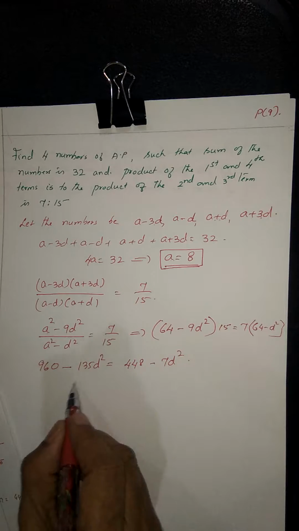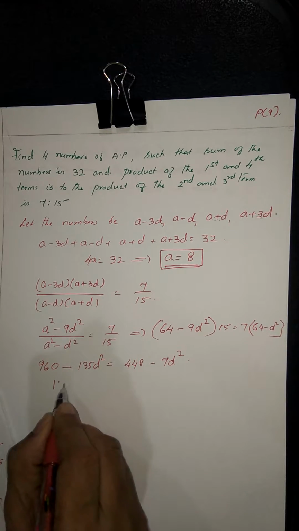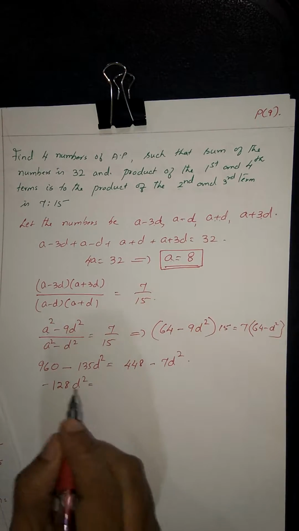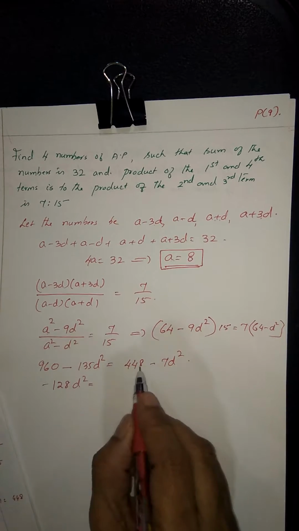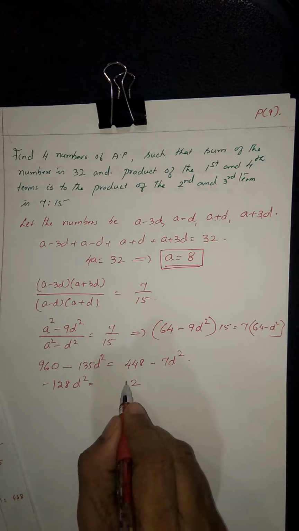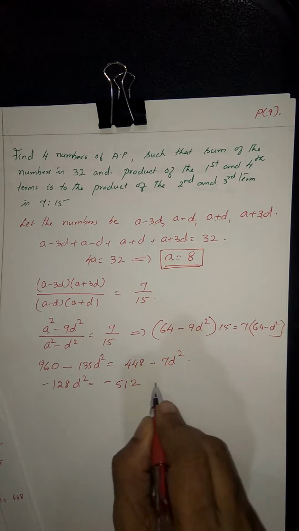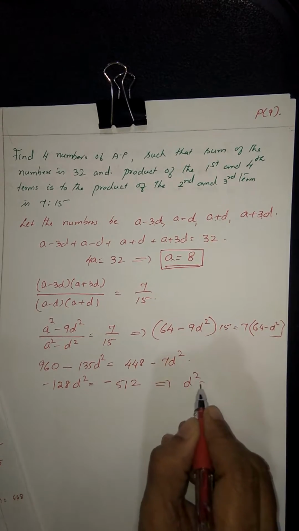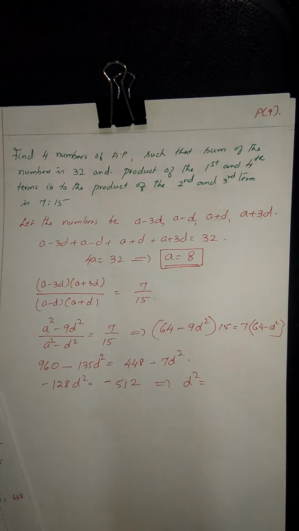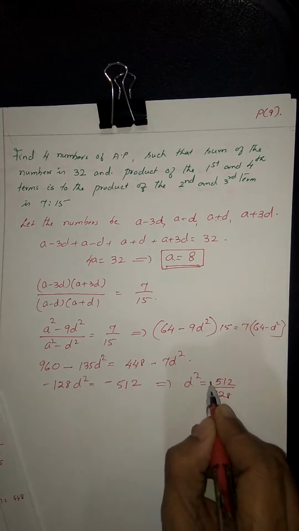So from this you get 960 minus 448 is 512, and 135d squared minus 7d squared is 128d squared, from which d squared is equal to 512 by 128.